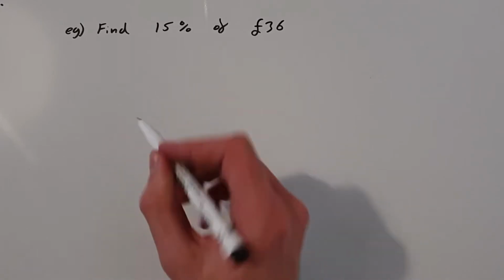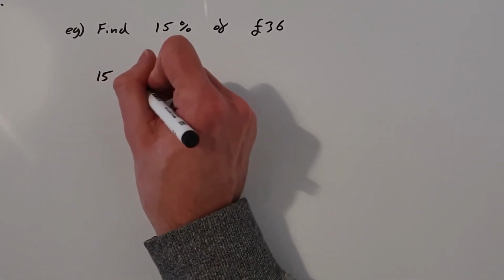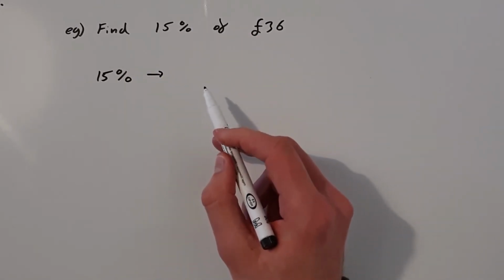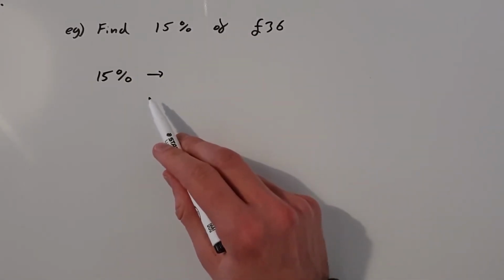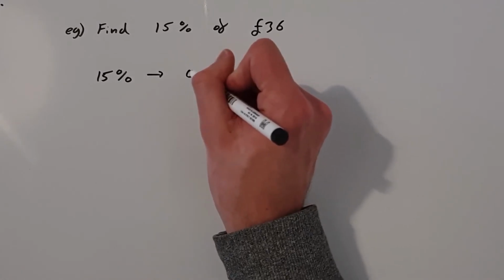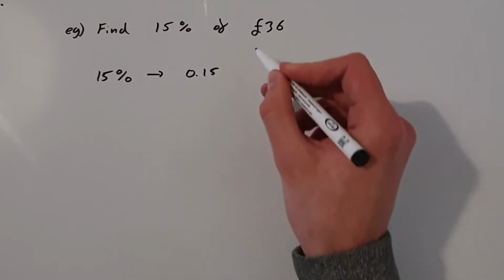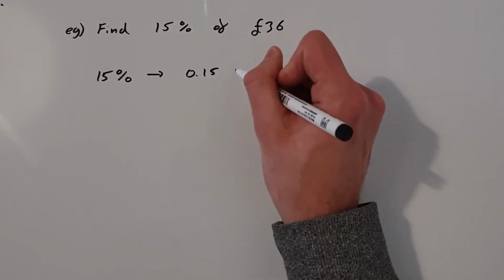In this case, our 15% converted into a decimal, as we looked at in the previous video, all you have to do is divide it by 100. So 15% would become 0.15. And now you want to multiply this by 36.